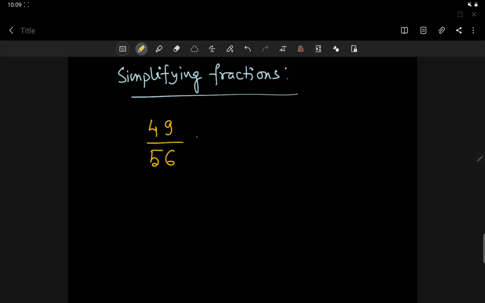For this fraction, if I divide by 7, 49 divided by 7 is 7 and 56 divided by 7 is 8.